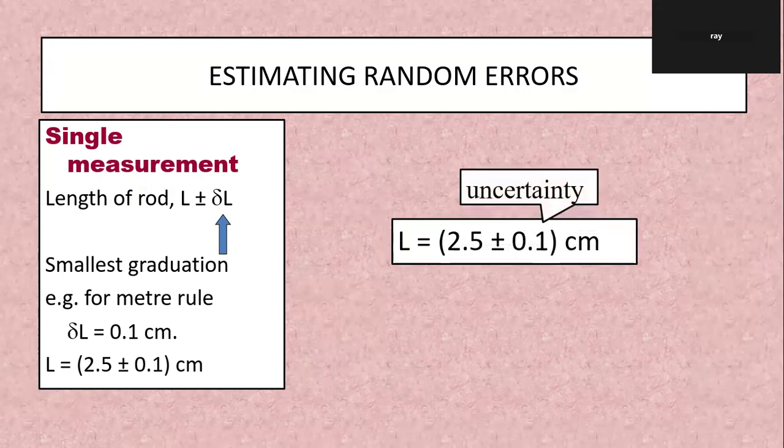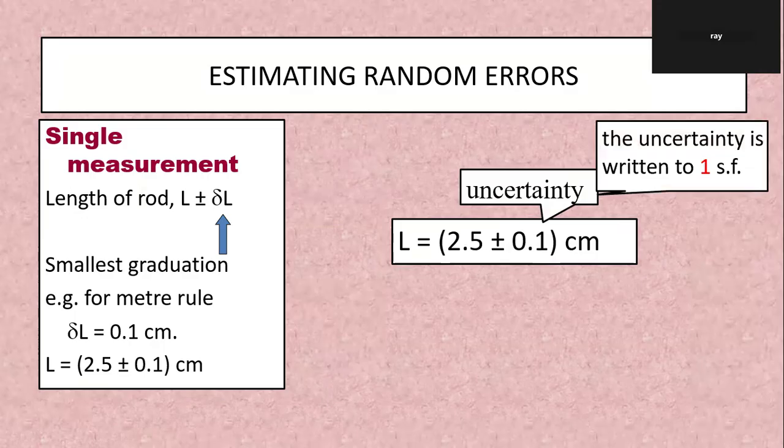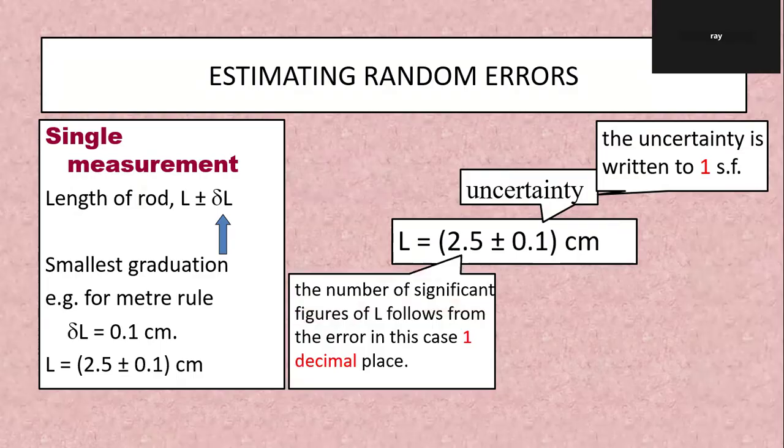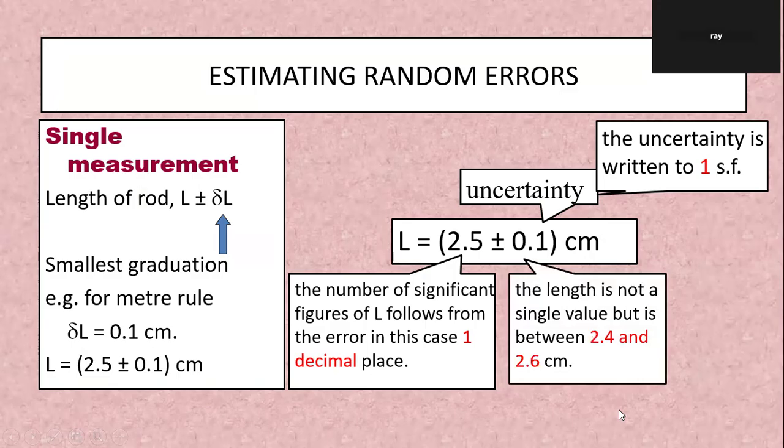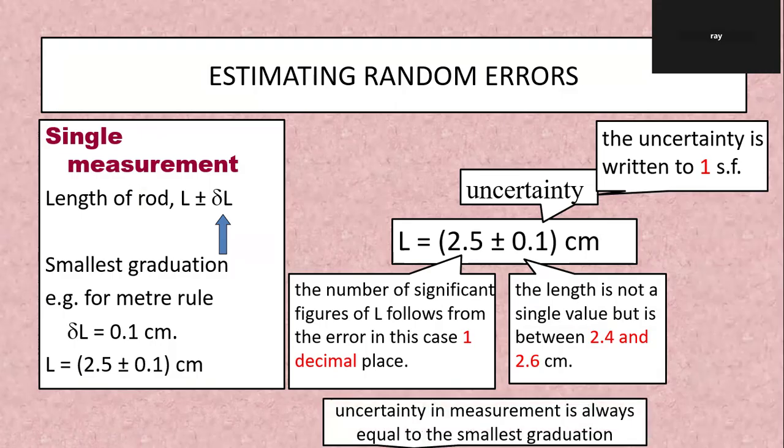The 0.1 is called the uncertainty or error, and it's always written to one significant figure. The number of significant figures for L follows the uncertainty. That means one decimal place only. This is one decimal place, and this one also. So the length is between 2.4 and 2.6 cm. Not one value, that's why it's called uncertainty.